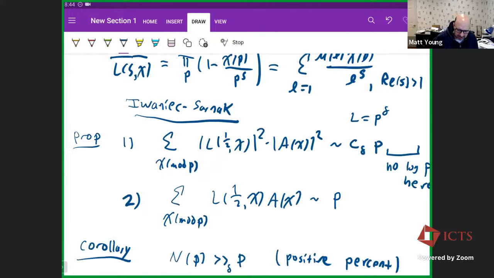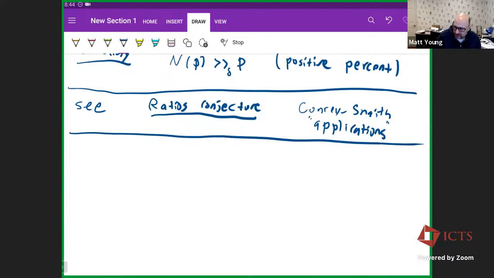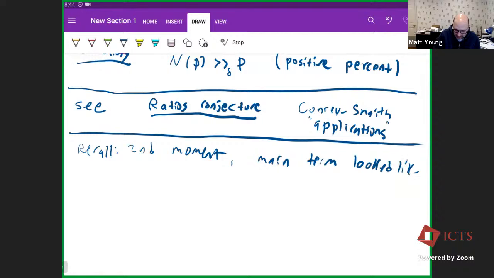And one thing that it does, so maybe how do I get at this? If you recall, when we did the second moment, the main term sort of looked like this: we had a P from just counting characters, and then we had a sum over L of 1 over L, with some weight function.